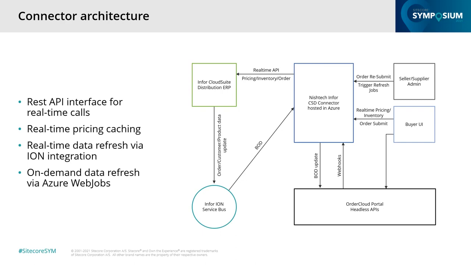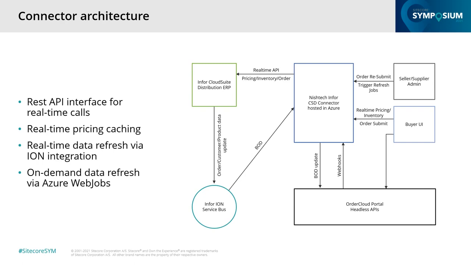All transactions for real-time API calls are logged in Azure Application Insight Log using structured logging. Authentication for using Infor CSD API is done using OAuth 2 protocol, and credentials are stored in Azure App Config.